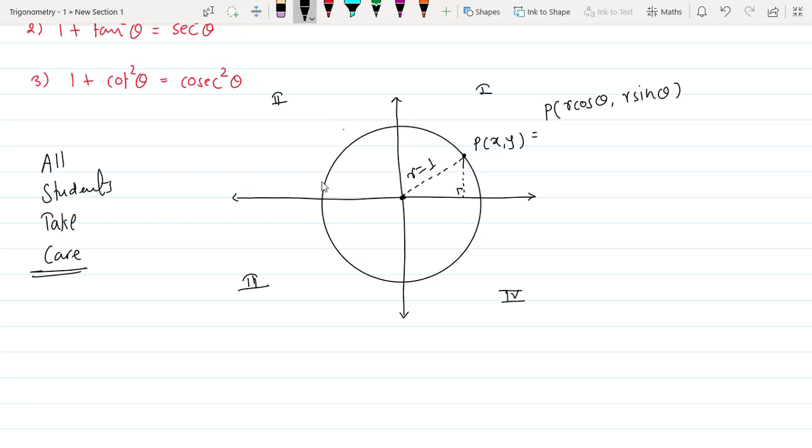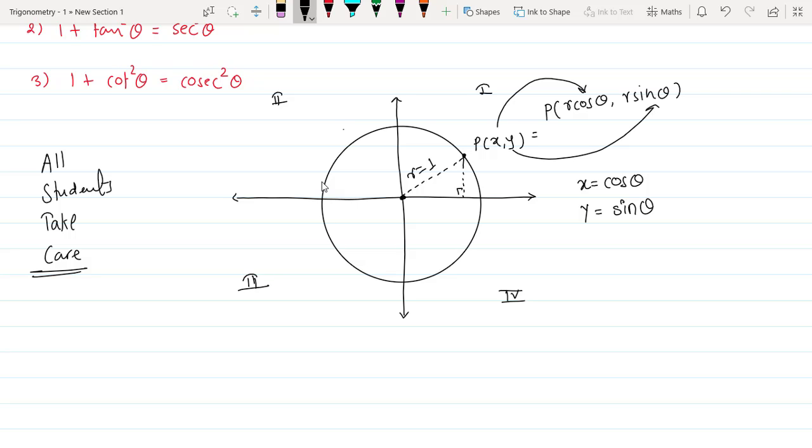Then my x becomes cos theta and y becomes sin theta. Now in the first quadrant, both the values of x and y are positive.